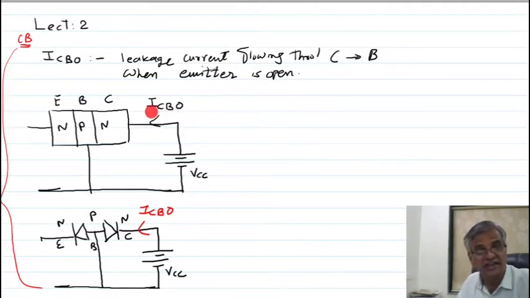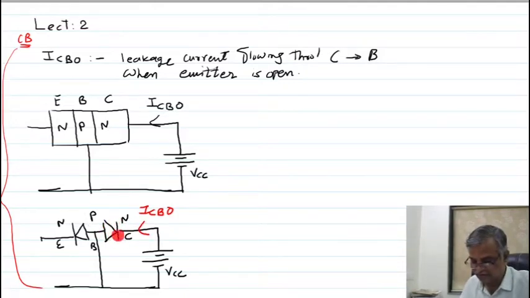It is called collector cutoff current, ICBO. This is the direction of the current. So I think you understand.